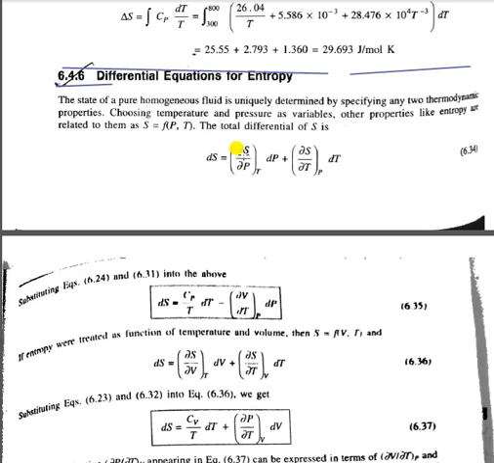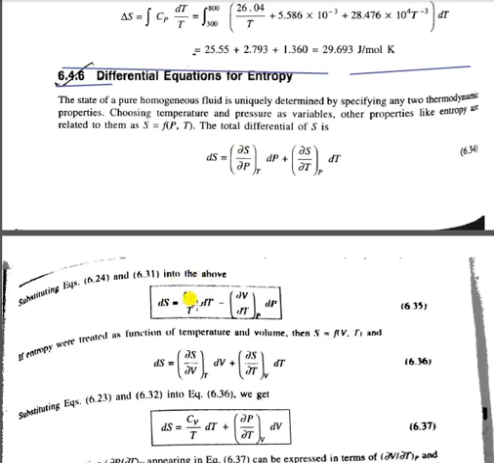Cp by T, del S by del T. Okay, Cp by T. So put that Cp by T, and del S by del T P की जगह पे हम क्या पुट करेंगे? del V by del T at dP. So the next equation is like that. Okay, अब वो equation कैसा हो जाएगा? ये इस तरह से.